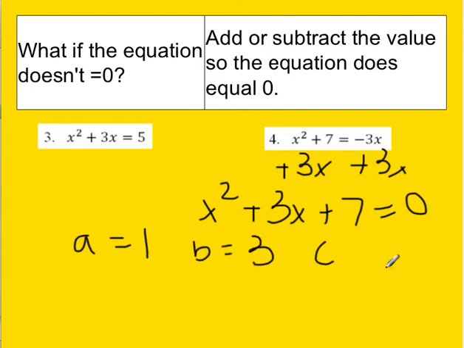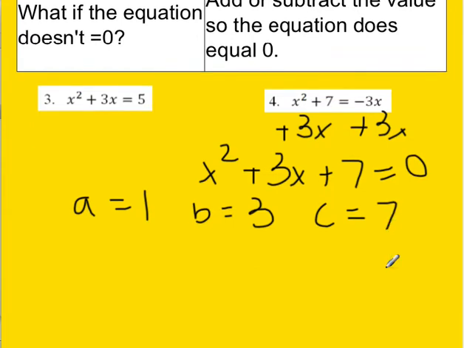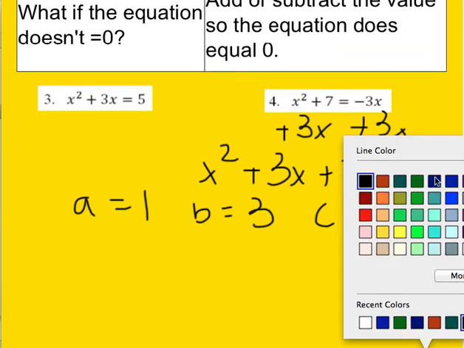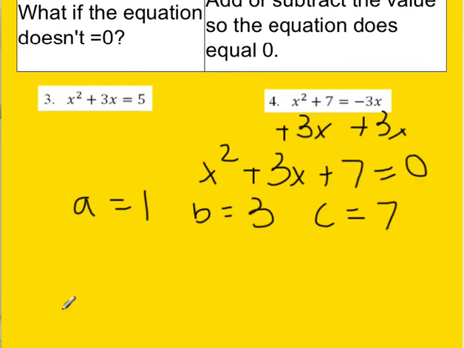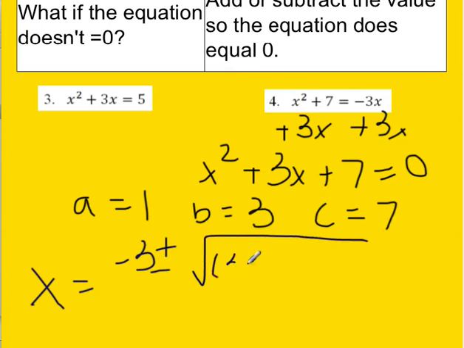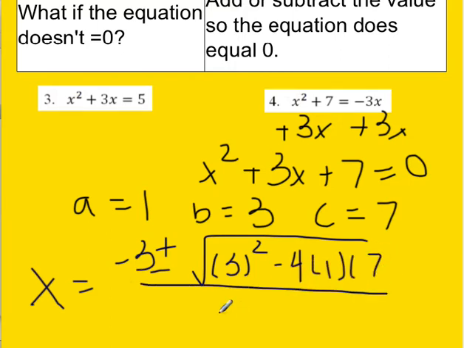Now we want to plug that into the quadratic formula. To do that, we're going to just use our little formula. x is equal to the opposite of b plus or minus the square root, give it a second to catch up here, of b squared minus 4 times a times c, all of that over 2 times a.